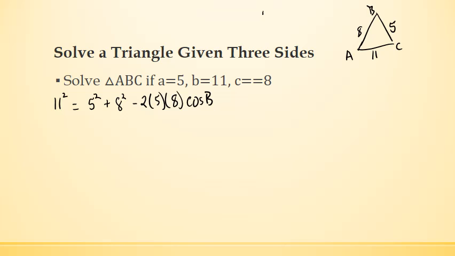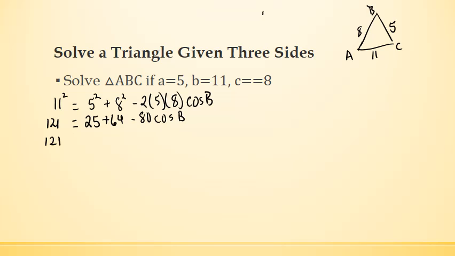So 11 squared is 121, equals 5 squared, which is 25, plus 8 squared, which is 64, minus 2 times 5 is 10, times 8, that's going to be negative 80 cosine B. And let's add the 25 and the 64 together.